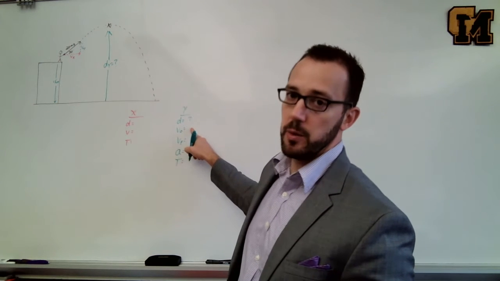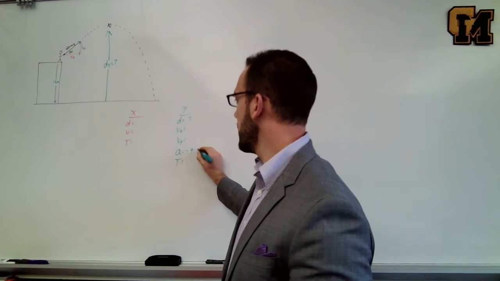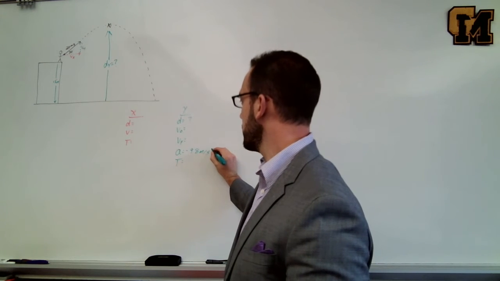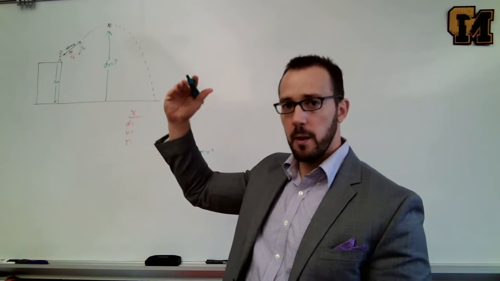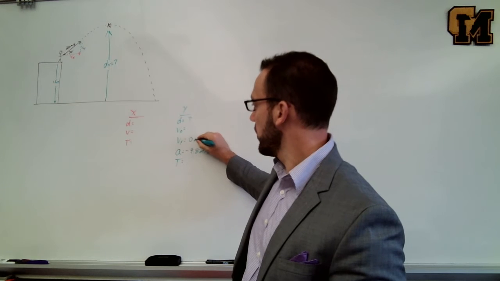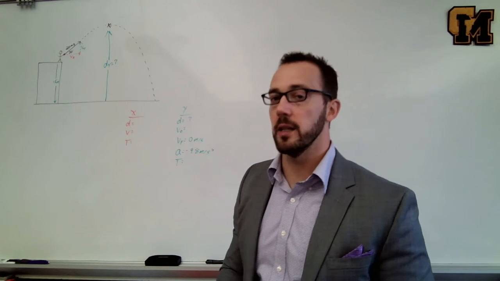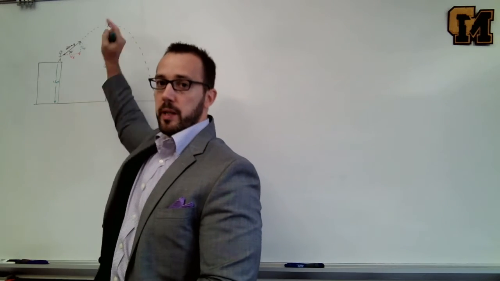The initial velocity we'll find in just a second, and we know that the acceleration is negative 9.8 meters per second squared. Something else we know, which is important: at the maximum height, the object has to stop going up before it can start coming back down. So we know the final velocity in the y is 0 at that point right there.